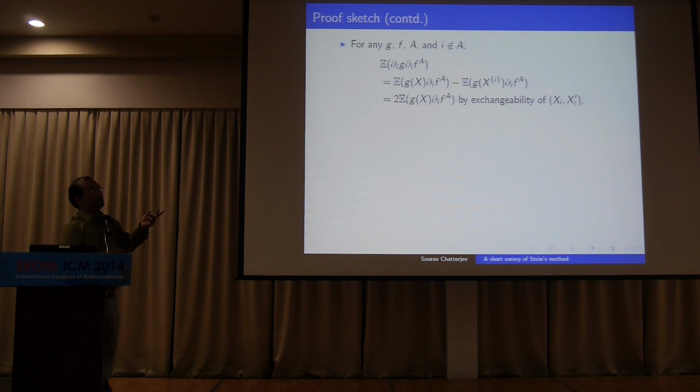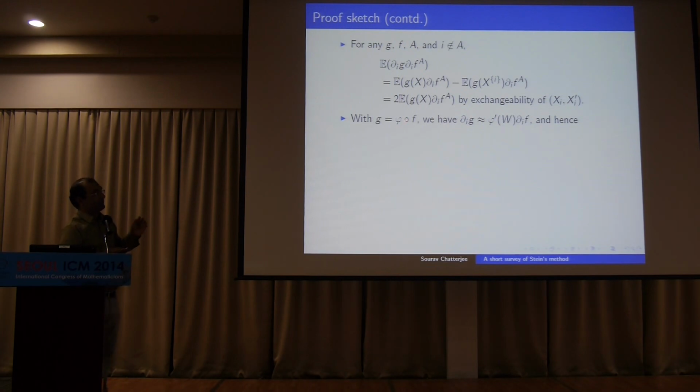When you interchange xi and xi prime inside this thing here, it just becomes a negative of this. Okay. So that's something that you can verify, that if you change xi and xi prime, del i f^A becomes negative of del i f^A, and this thing just becomes g(x). So you get 2 times this.